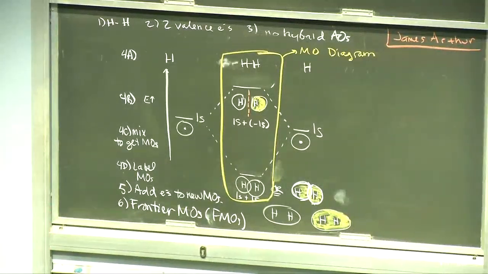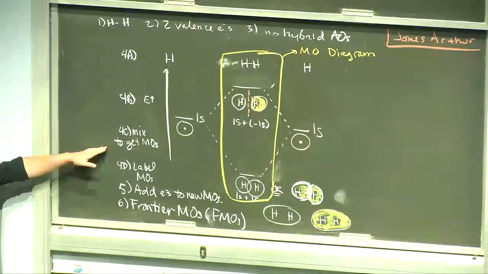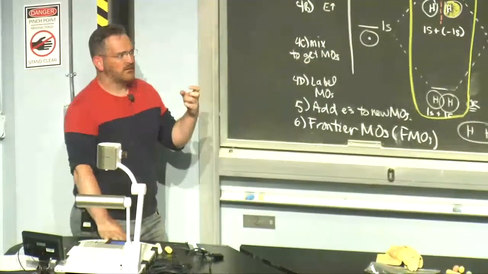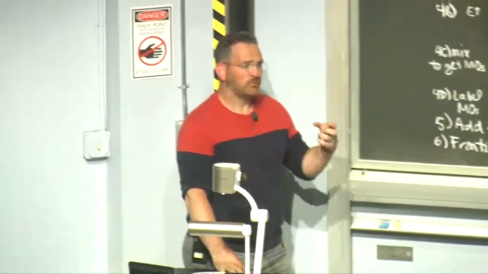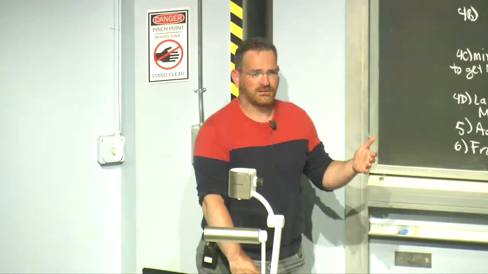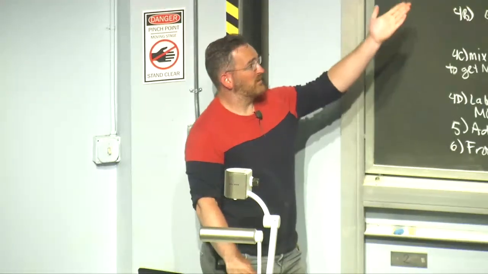That's the tougher part. That's where we're actually starting to do the new tasks. In general, you mix so that you end up with enough new molecular orbitals to match the number of electron domains that you have. In this particular case, we have 1 electron domain.